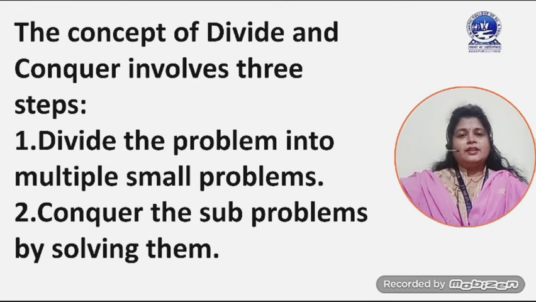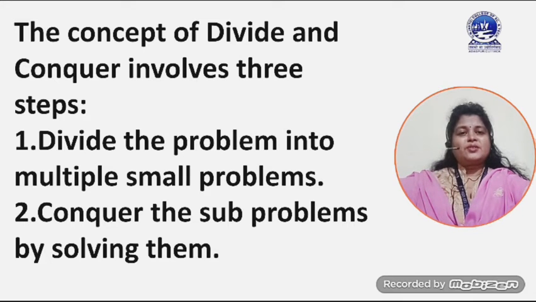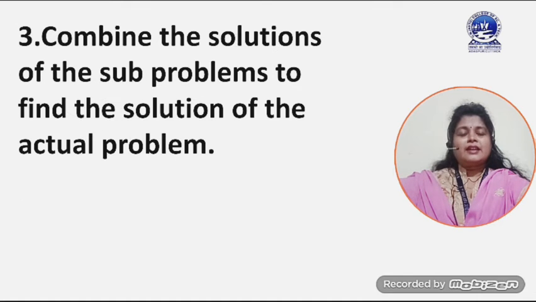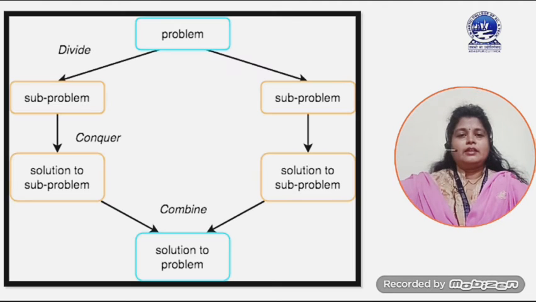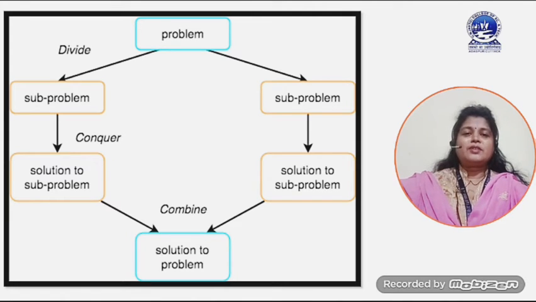Divide and conquer is implemented in three different steps. Those are: first step, divide the problem into multiple small problems. The second step is conquer the sub-problems by solving them. And the third one is combine the solutions of the sub-problems to find the solution of the actual problem. Now here I have represented divide and conquer in a diagrammatic way so that you can understand it.